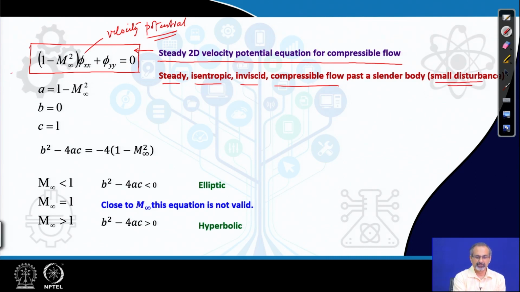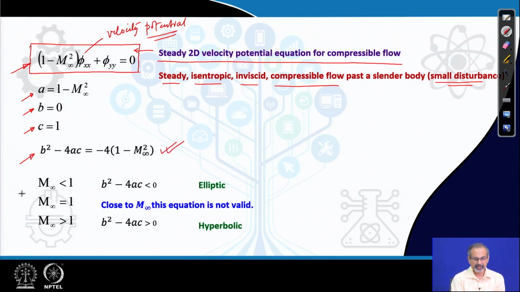So, this equation models such flows, and going by what we learnt in the earlier slide, we have to identify the coefficients of the partial derivatives. So, there are partial derivatives in x and y only in this equation, there are no mixed derivatives. So, we can easily identify the values of a, b and c, based on which we can work out b square minus 4 ac, which turns out to be this.